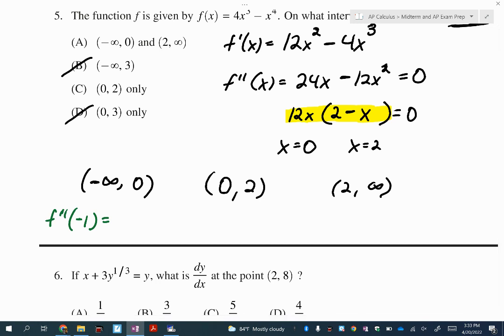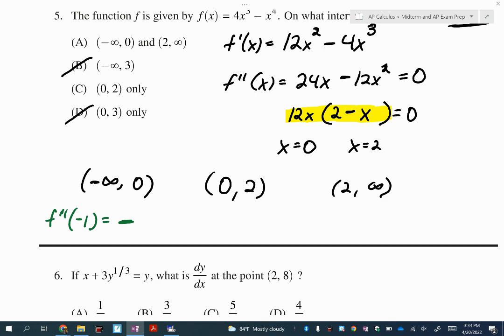You get a negative. What's 2 minus -1? A positive 3. So what's a negative times a positive? A negative. So this one is concave down. All right, so our function is concave down on the interval -infinity to 0. Everybody good so far? Okay.